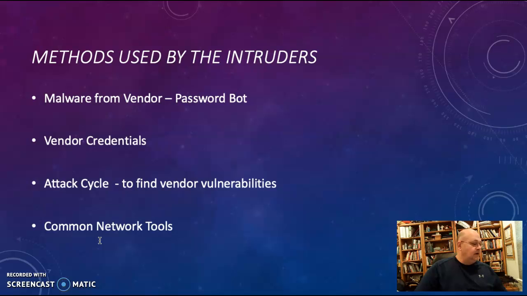So with the malware, an email containing malware was sent to a refrigeration vendor used by Target. Malware was installed on the vendor's machine, and may have quite possibly been Citadel, a password stealing bot program that was a derivative of the Zeus banking Trojan software.